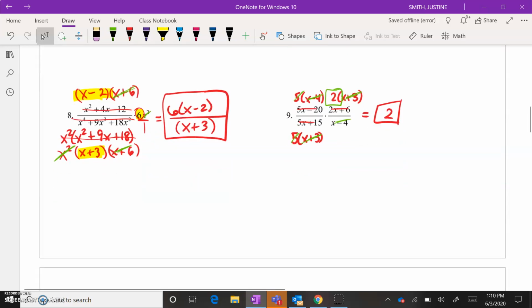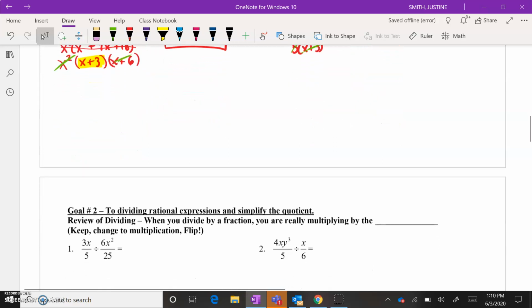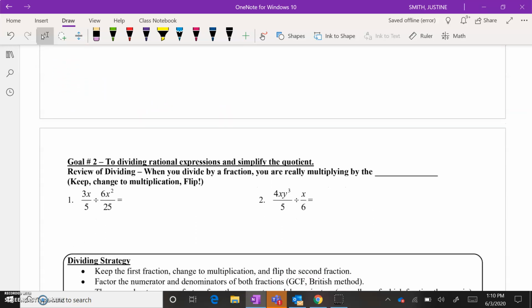All right. So that was the first thing. Okay, so that was multiplying. Then we are going to get into dividing. Okay, so again, just a review when we were doing this with exponents. When you divide a fraction, right, it's really the same as multiplying. You're just doing your keep, change, flip.